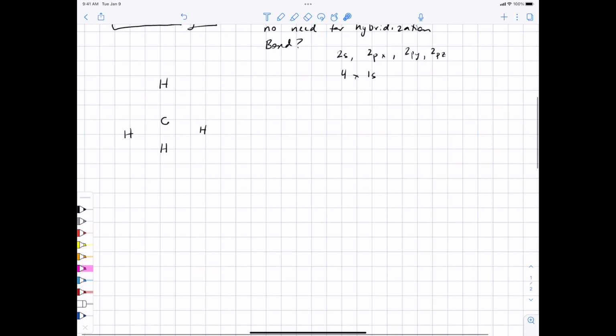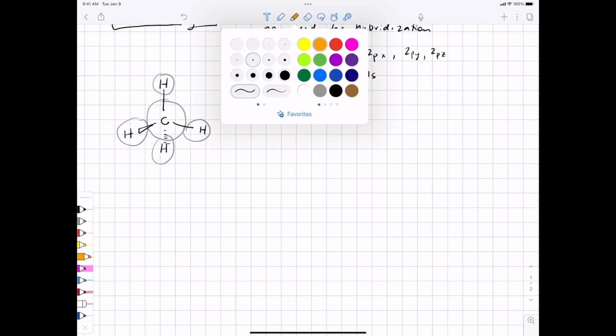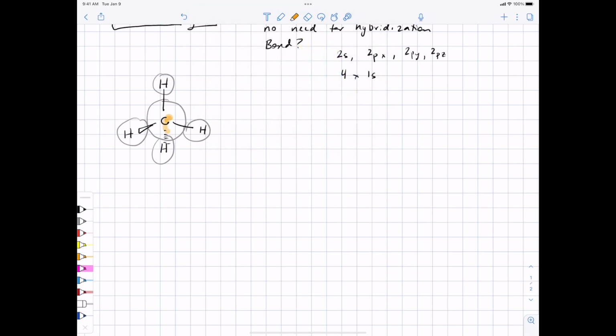The easiest one to imagine is what would happen if you combined a 2s orbital on carbon with each of the 1s orbitals on hydrogen. You have to think of what I'm showing you here as a tetrahedral arrangement of the atoms. If it would be helpful, I can draw the lines like this, but remember, we're losing the concept of a bond. And if you imagine them all coming together with the same wave function sign, you would have an orbital that had continuous overlap between the carbon and all of the hydrogens.